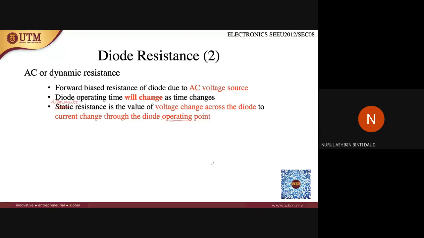So this is dynamic. Dynamic resistance is the value of voltage change across the diode to current change through the diode at the operating point. How to find the resistance value? Since the diode operating point changes according to time, if you want to find the resistance at point Q, you cannot directly take the voltage value at point Q, since this graph is not a time graph.